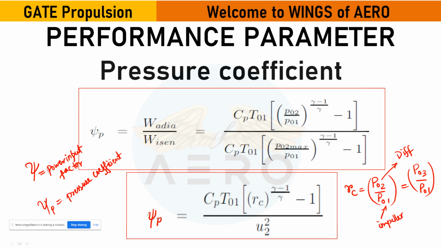Ma'am, why is the pressure coefficient taken as W adiabatic divided by W actual? Because if you see this formula, it is very difficult to say why they are taking it.